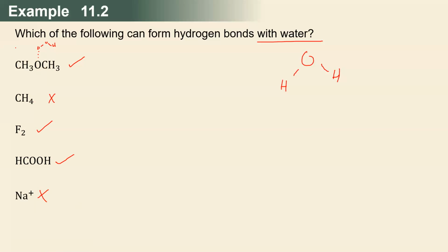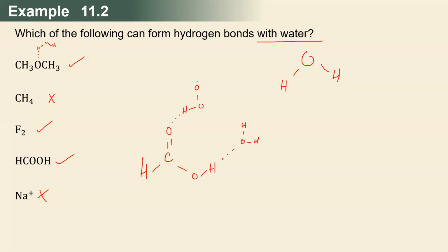So let me just draw H, C, double bond O, O, H. So there's our formic acid. So he can have a hydrogen bond here to water, but he could also have a hydrogen bond here to water, just in a different way.